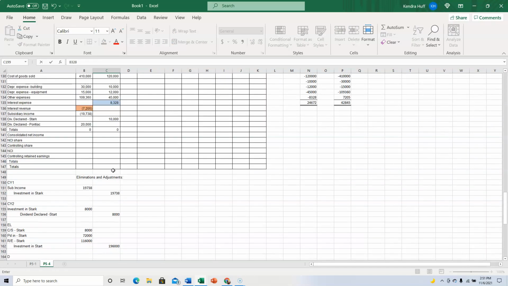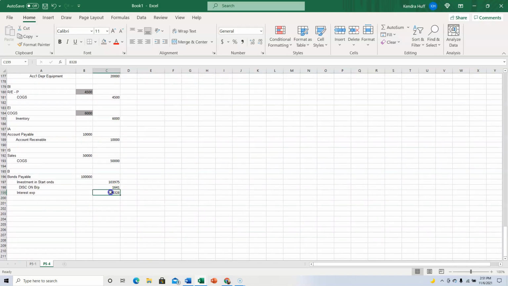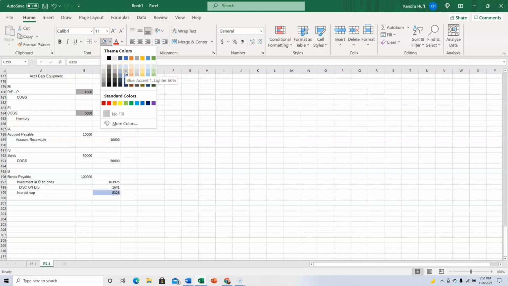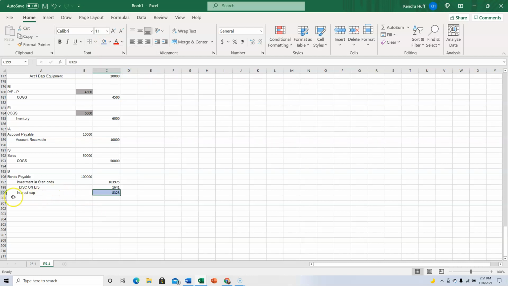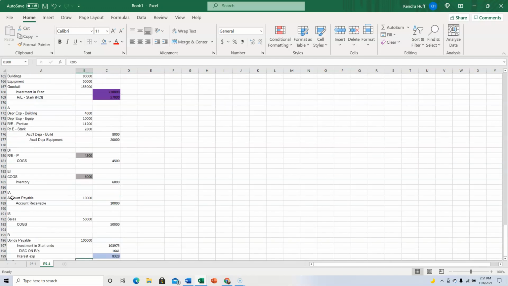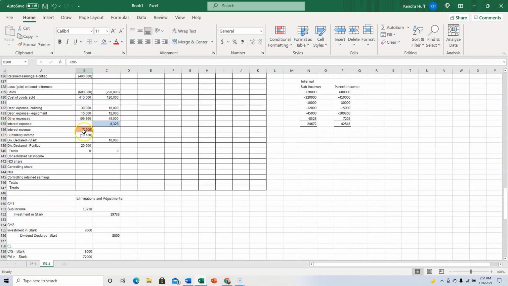All right, that's what it was up here. No, that's the right color, but close enough. And then I need to debit the interest revenue for the 7205. And that is this one.